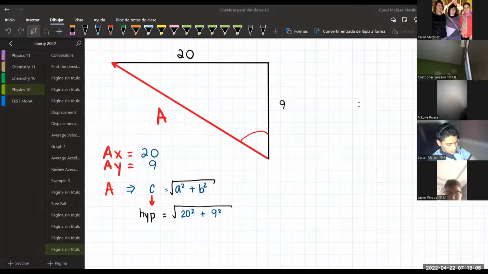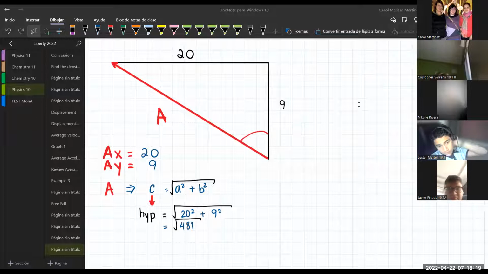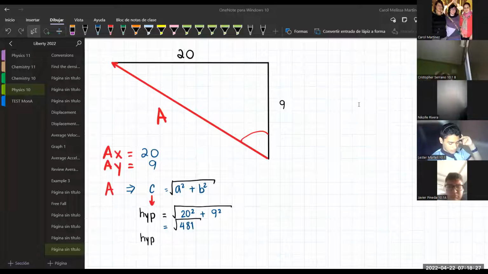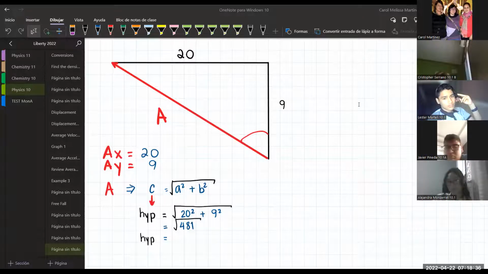My hypotenuse then is equal to the square root of 20 squared plus 9 squared, the square root of 481. And how much is this? 21.93.